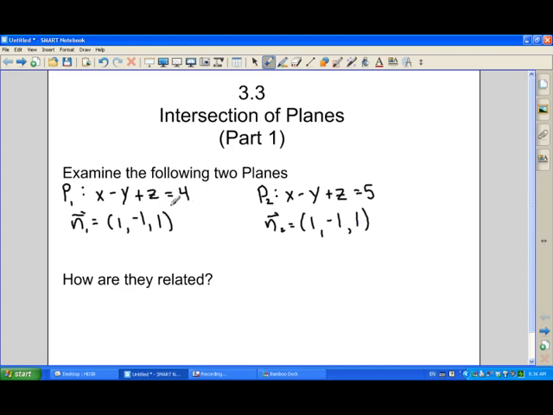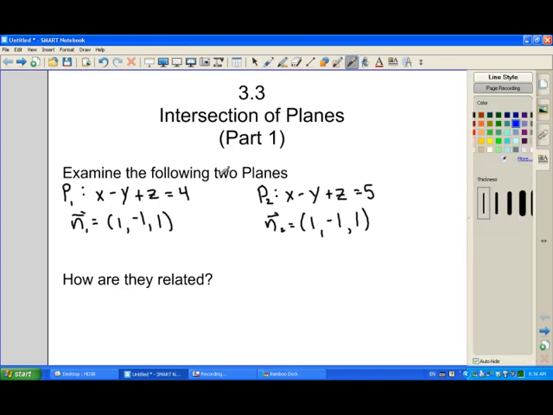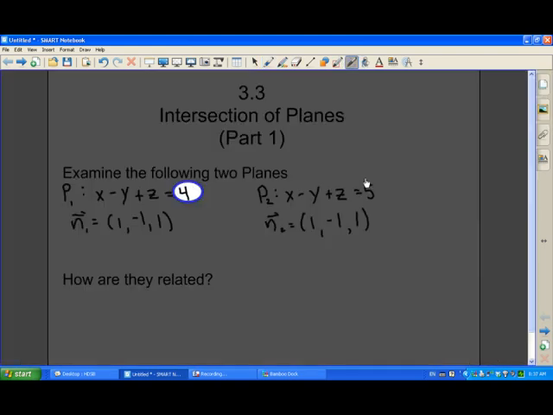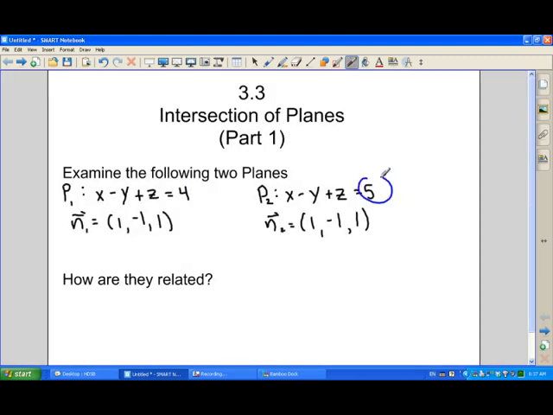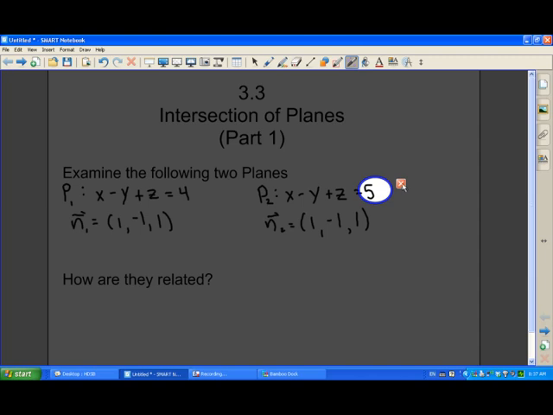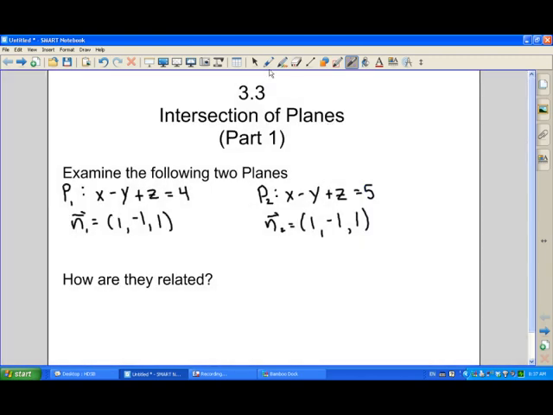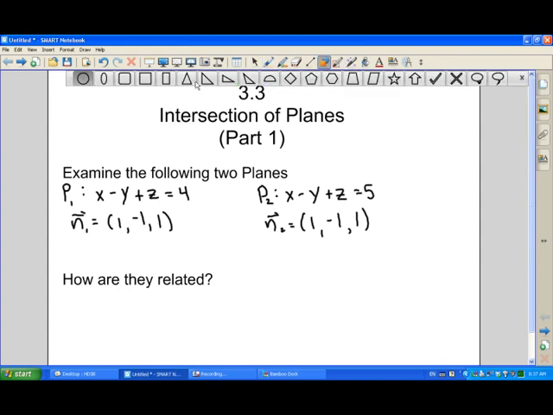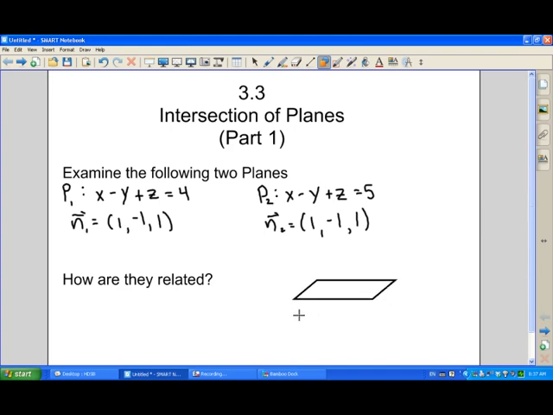And the difference between having either the same plane or just two parallel planes is the constant value. In plane 1, the constant value is 4. In plane 2, the constant value is 5. Visually, what this looks like are two planes parallel to each other with one raised slightly higher than the other.